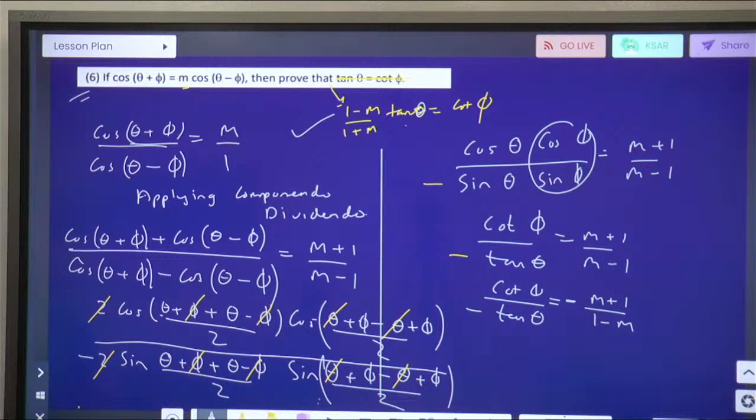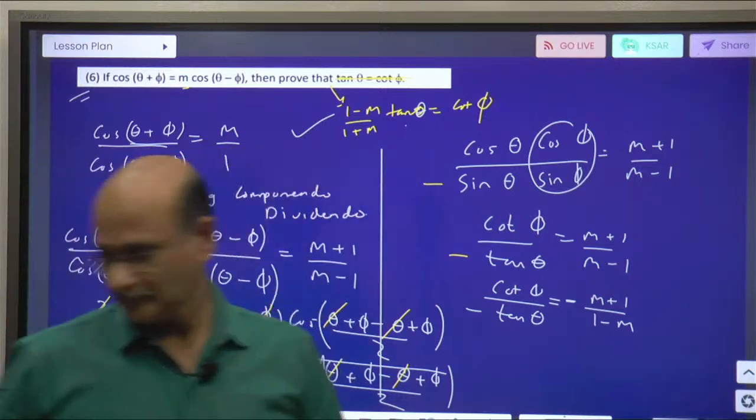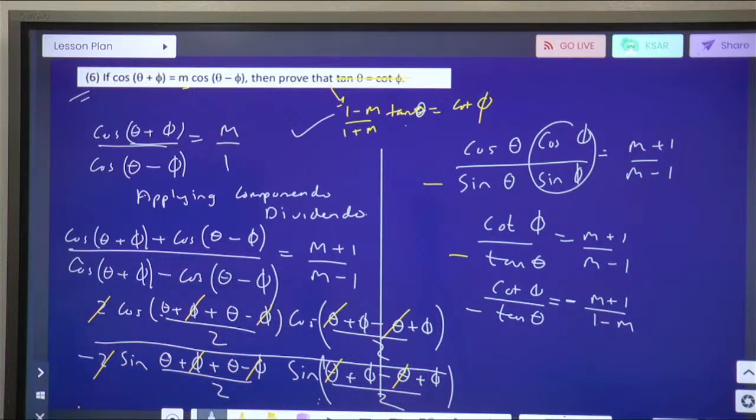What I have to prove, okay, I got this question there. It is prove that tan theta is equal to, okay, I got the proof there.